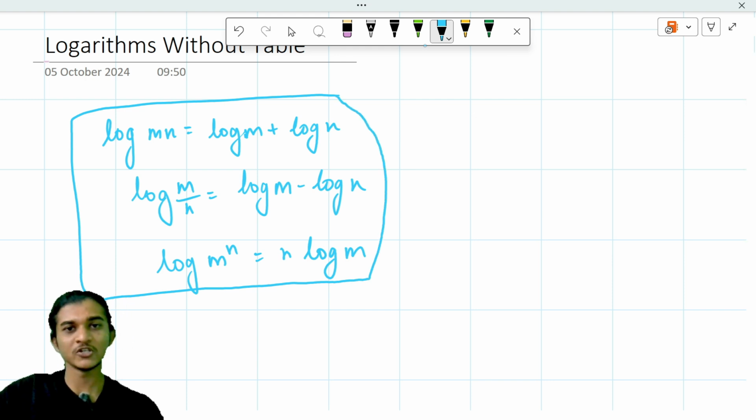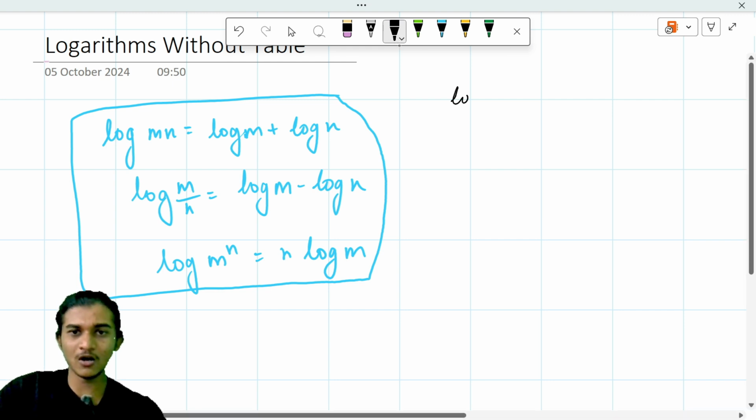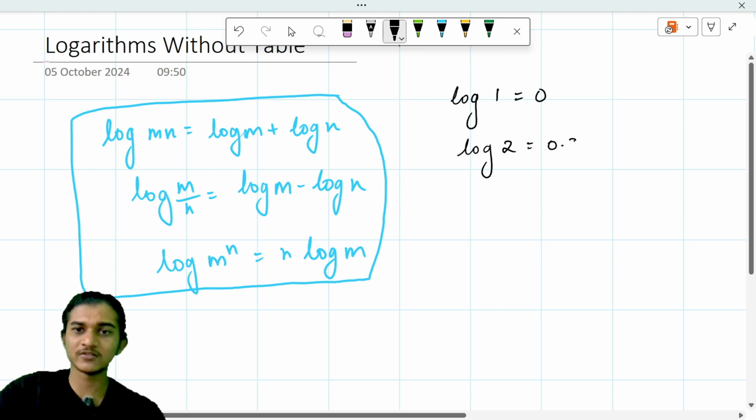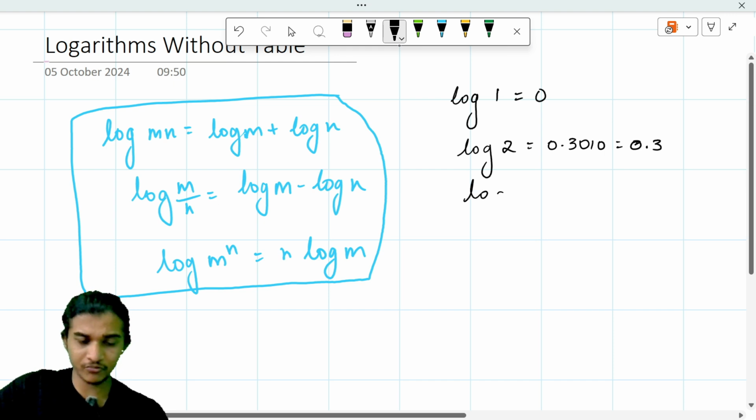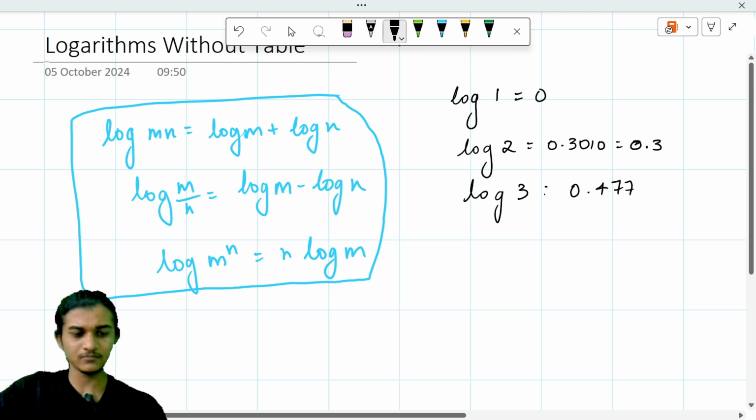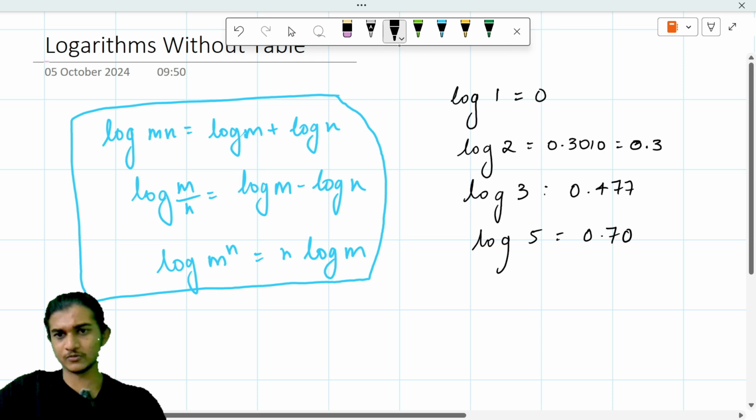Apart from this, you need to know one more particular piece of data, which is fixed values of a few logarithmic values. I'm going to write it down over here. The log of 1 is equal to 0. Log of 2 equals 0.3010, or you can simply write it approximately as 0.3. Log of 3 equals 0.477. Log of 5 equals 0.70.